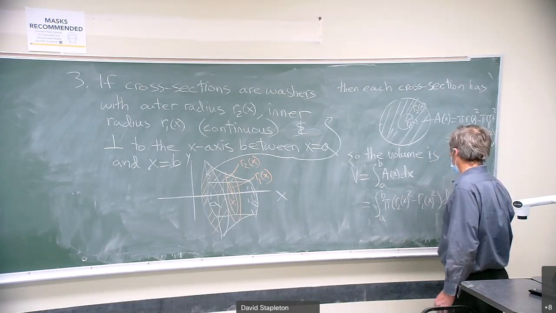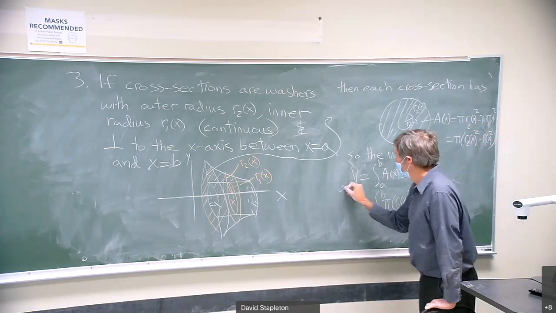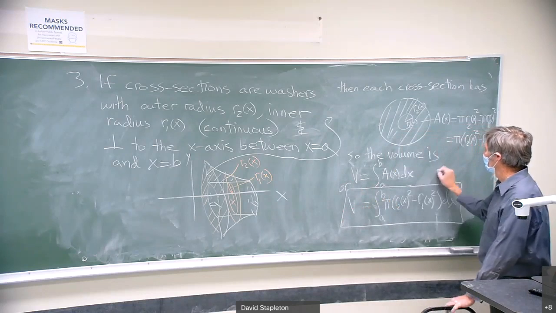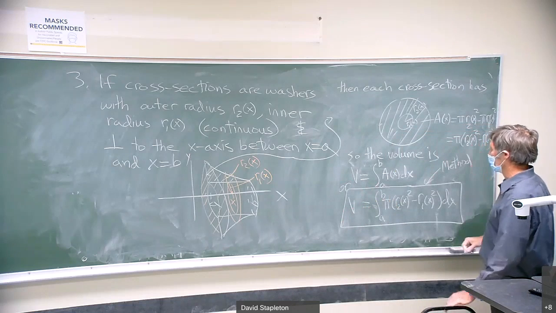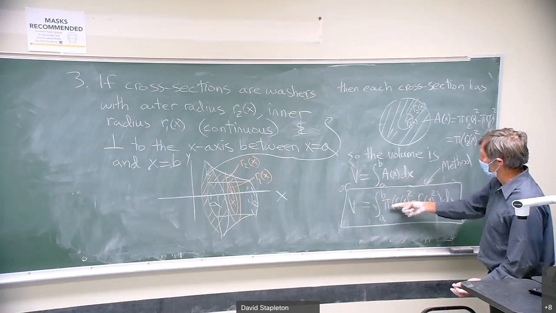And we have derived this formula, which we call the method of washers. This is the formula for finding a volume by the method of washers, and all it is is the same cross-section area formula in the special case of washers.